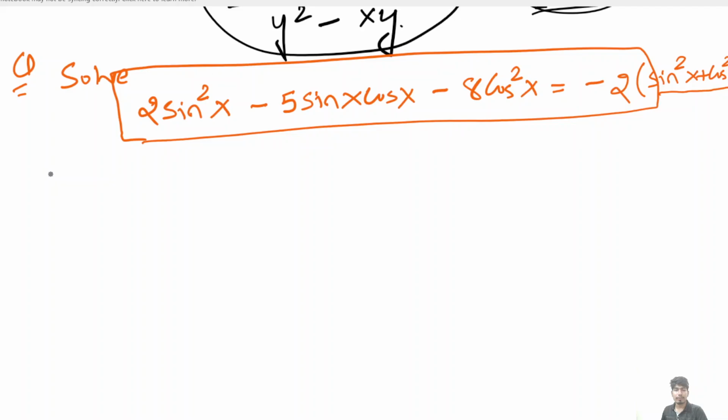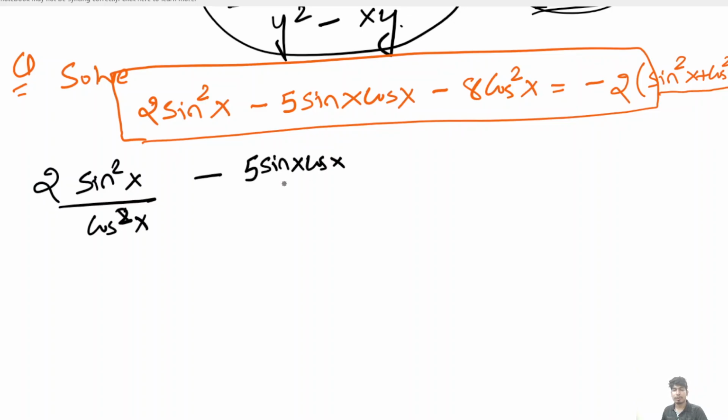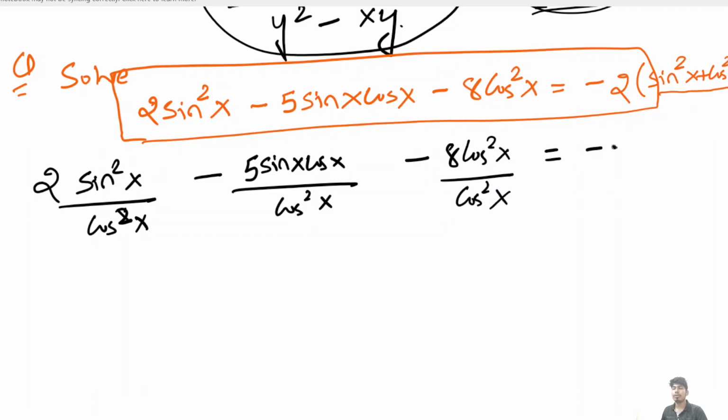Then what we get? 2 sine square x upon cos square x, minus 5 sin x cos x upon cos square x, minus 8 cos square x upon cos square x, is equal to minus 2 times sine square x plus cos square x upon cos square x.